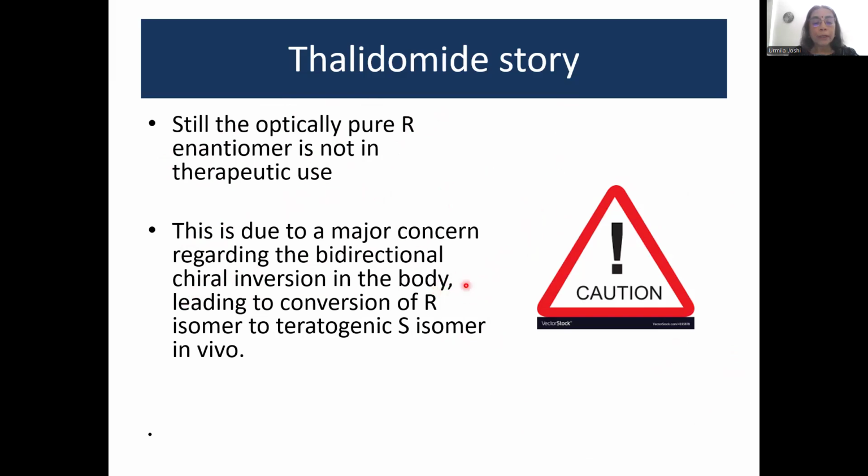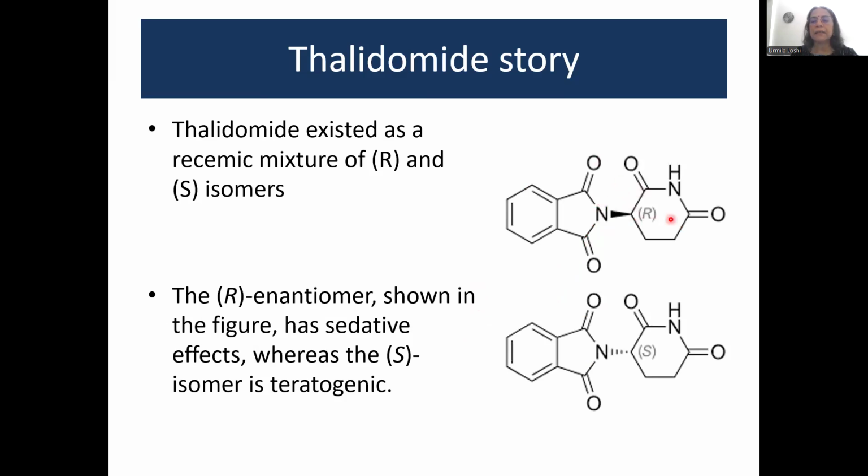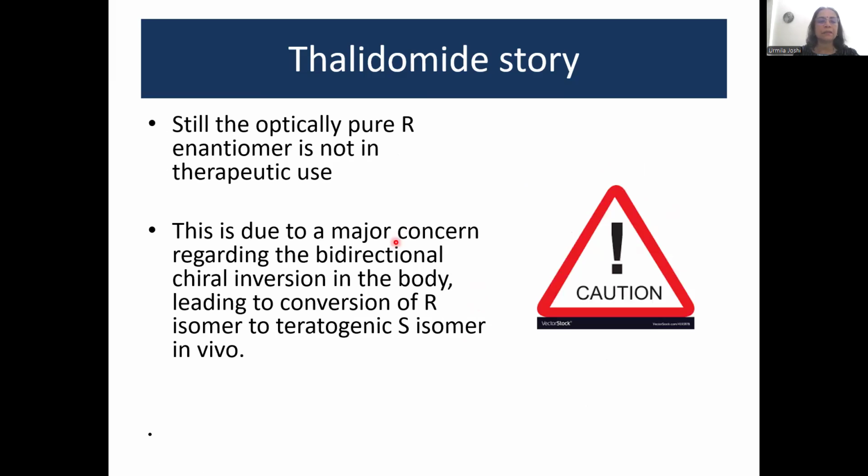What is meant by bidirectional chiral inversion? If only R is administered, which is known to be a safer isomer, it converts to some extent to the teratogenic S isomer. And so there is always a caution.